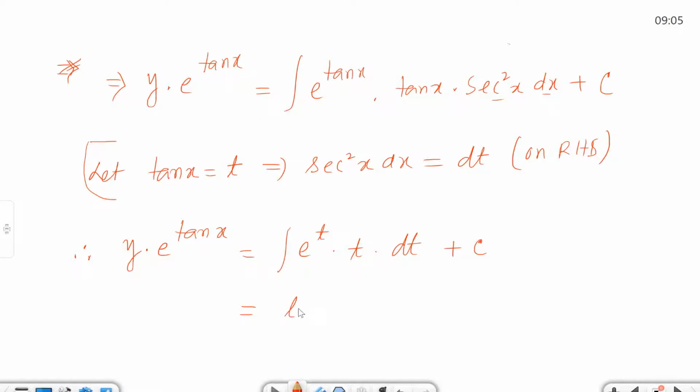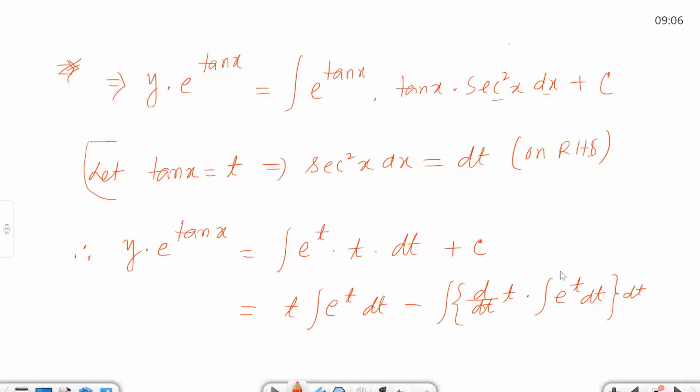So the expansion is t into the integration of e to the power t dt, then minus the integration of dt of t, the outer variable, into the integral of e to the power t dt, and for this outer integral we have to give another dt here. This is the expansion of this product function, e to the power t into t. This is how we integrate a product function.